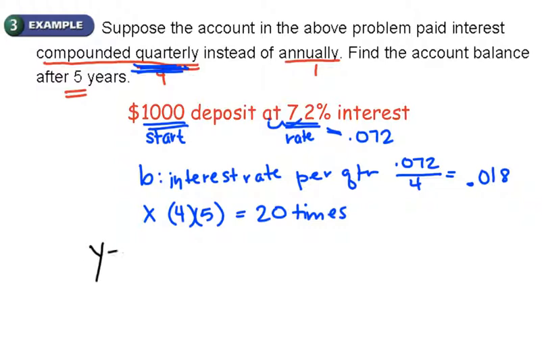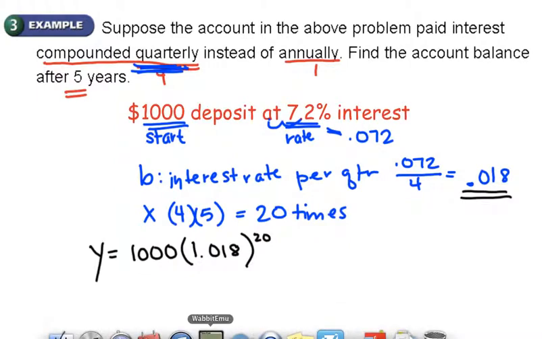So we have y equals the initial balance, 1,000, times our growth rate, which is 1 plus 0.018, raised to the 20th power.